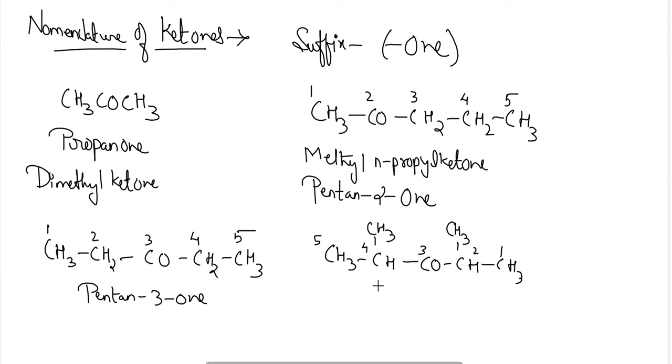So at the second and the fourth position, two methyl groups are attached. So the name of this compound will become 2, 4 dimethyl pentane 3 one. Okay, pentane 3 one. The third carbon atom is containing the carbonyl group, therefore it will be pentan-3-one.